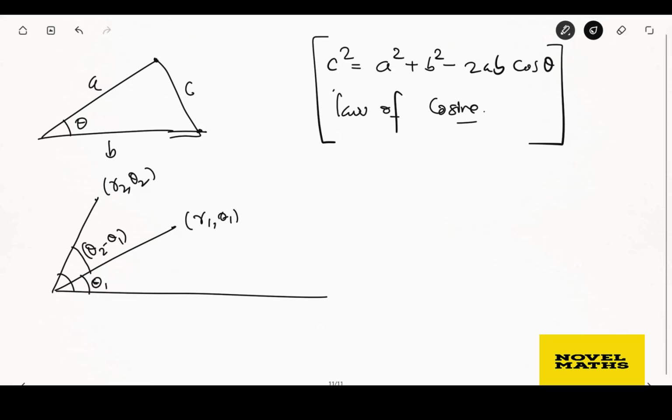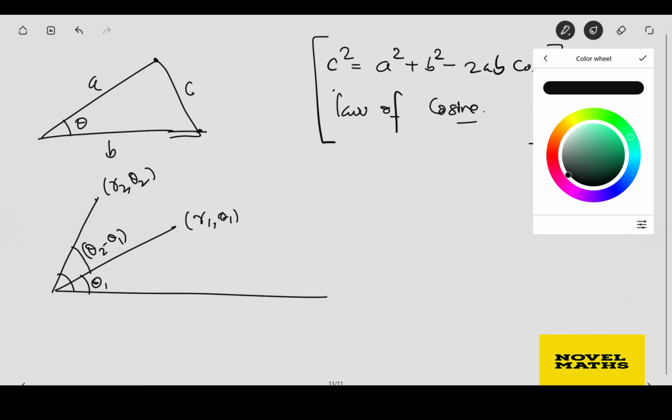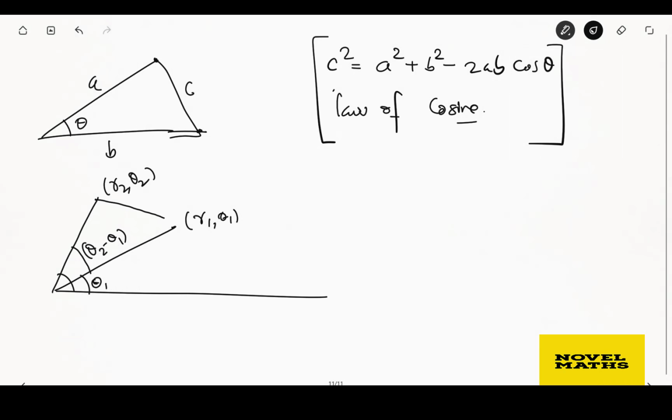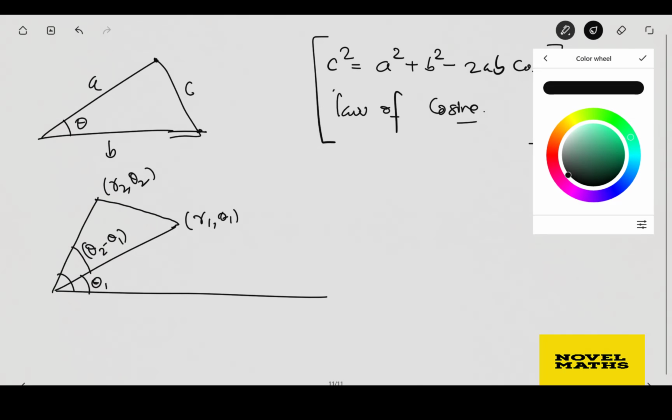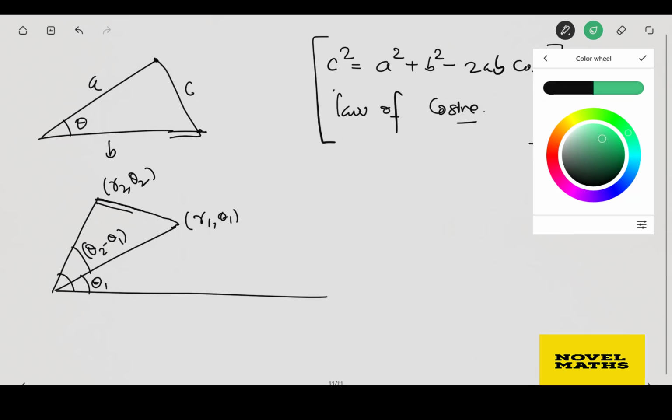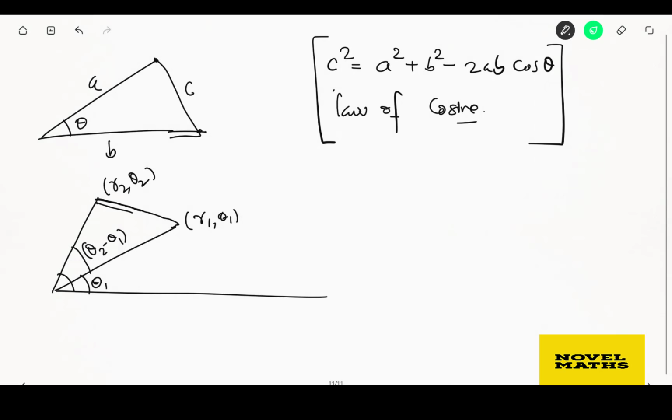And we have to find the distance between these 2 points. Okay, the distance between these 2 points. This point, right? And can you correlate with this law of cosines?